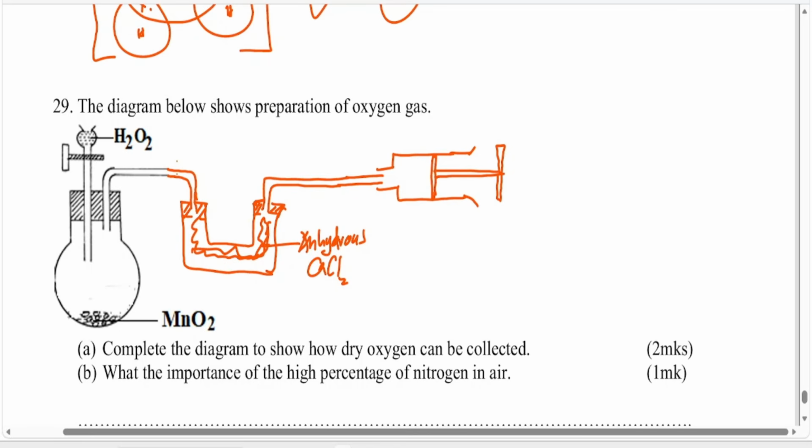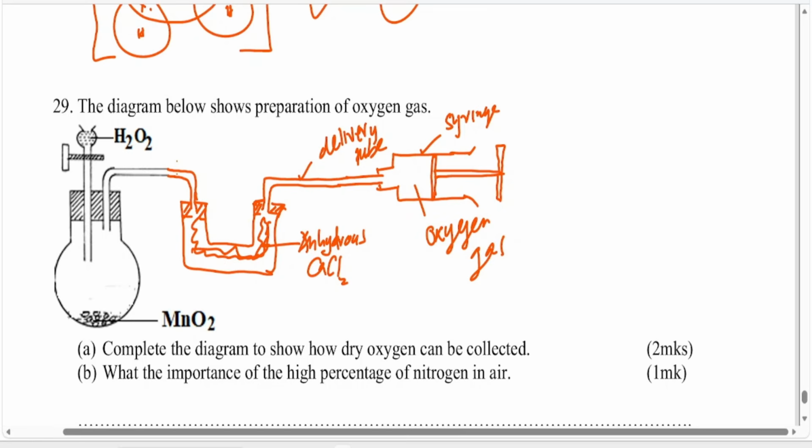I'm going to use my syringe like that. Then I ensure that it is well corked. So I label: it is a syringe, it is a delivery tube, and this is oxygen gas.